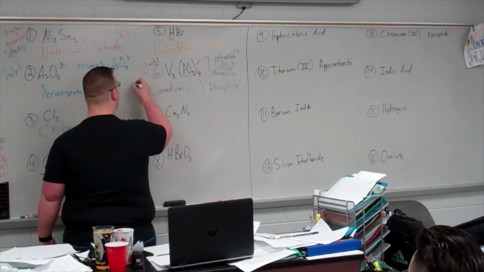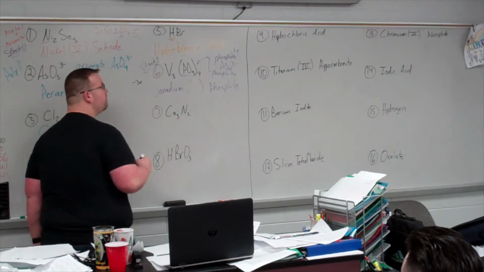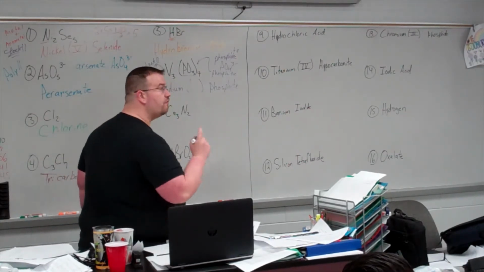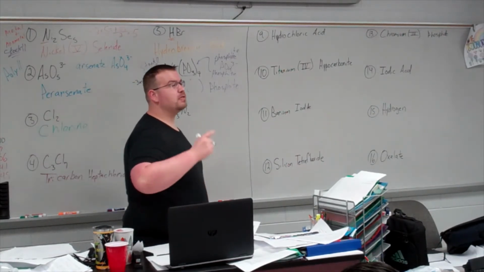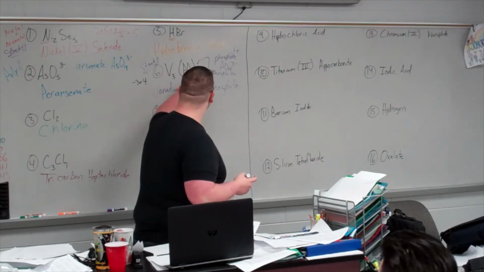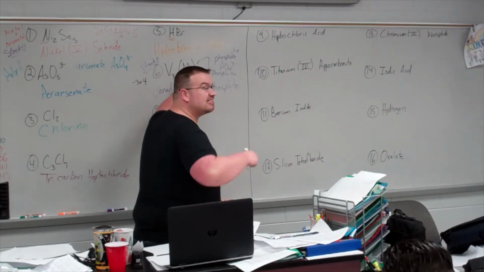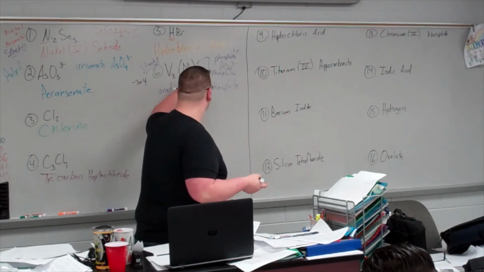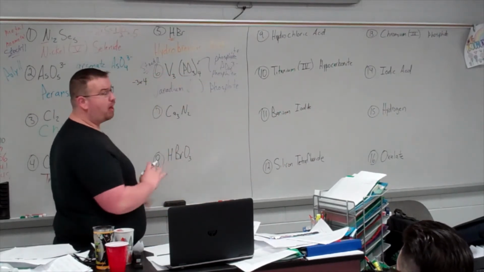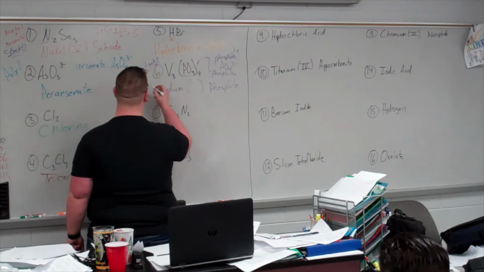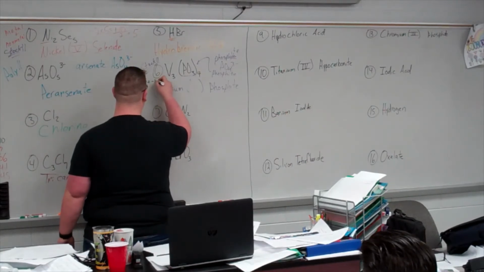So we got a -3 times how many phosphites we got? 4. There's 4. This parentheses is telling me that's phosphite. That 4 outside the parentheses is saying 4 phosphites. That goes for the whole molecule. -3 times 4 equals? -12.